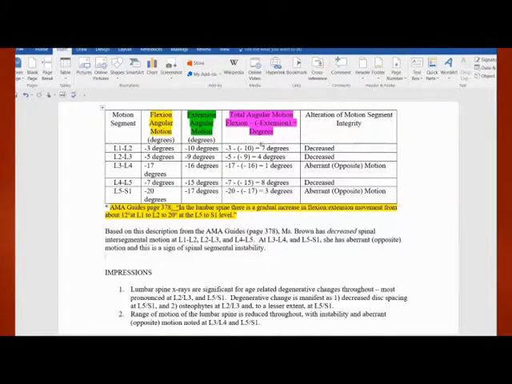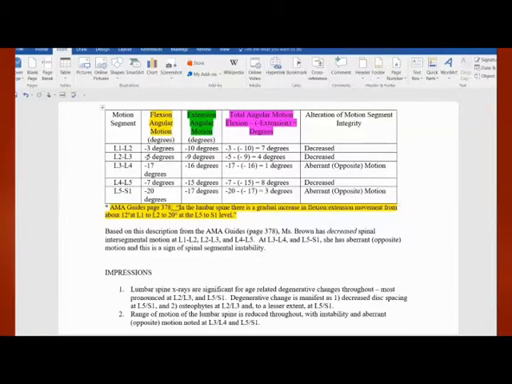So here we could reasonably expect about 12 degrees of total angular motion. So based on this description from the AMA Guides, at least at L1, L2, that segment of the spine demonstrates decreased intersegmental motion.